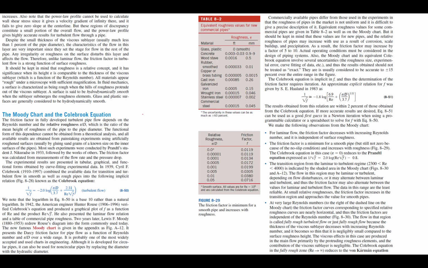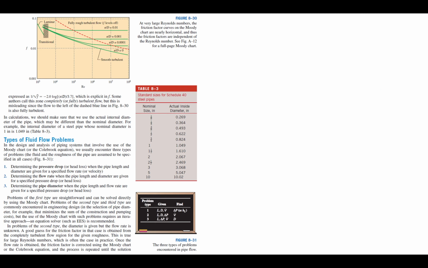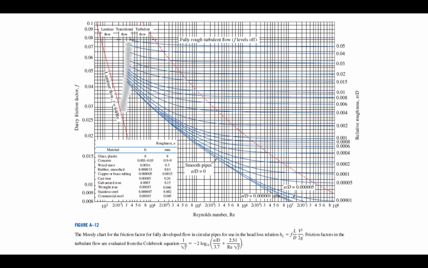It gives the f value for turbulent flow. So this is the equation, and utilizing this equation one chart is given, this type of figure. You can see I have put it in a bigger slide.